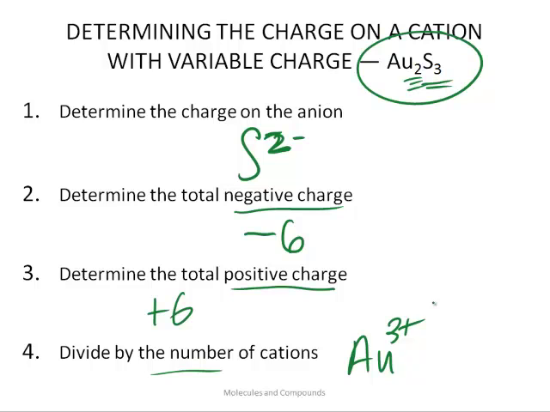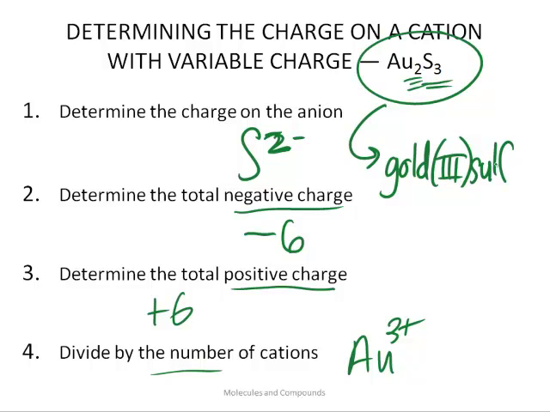So how would we name this? We would name it gold(III) sulfide. And so that Roman numeral 3 indicates that's the gold with a +3 oxidation state or charge.